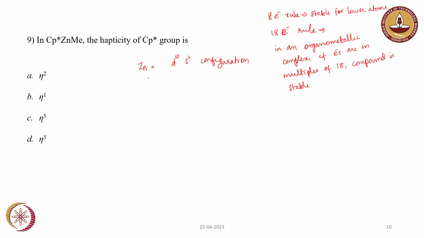So for zinc, 18 electrons will be applied. In zinc, there are 12 electrons present, and the methyl group will give 1 electron, so the total will be 13 electrons.